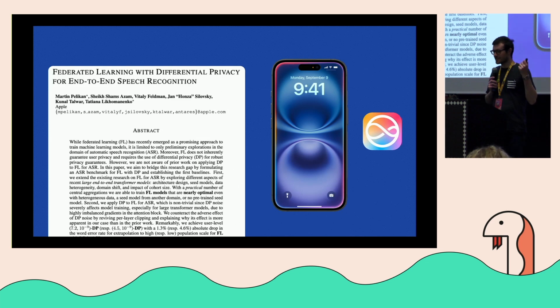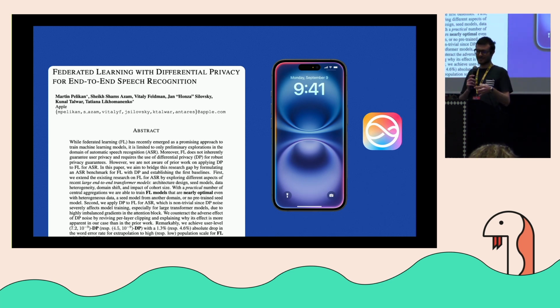Another use case, again using a smartphone as a client. I don't know how many of you use Siri, but anyway, this one is another paper published by Apple. In this case, they use federated learning to train some speech recognition models using data that are on the user device. So users don't share this data with Apple servers.